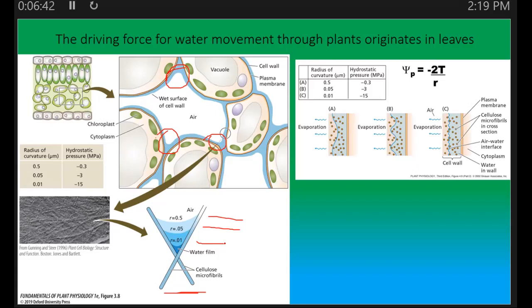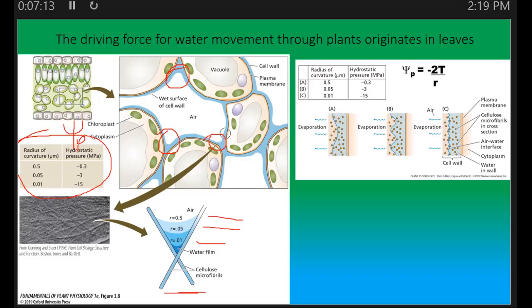And so the table over here is showing the calculation. If you put the radius measurement in and do the calculation, you can see your psi sub p, your hydrostatic pressure. You can see that as your radius of curvature gets smaller and smaller, you get this nice negative pressure, bigger, negative 15 all the way at 0.01.